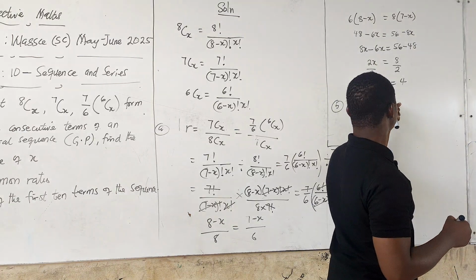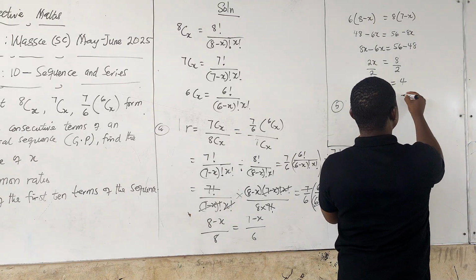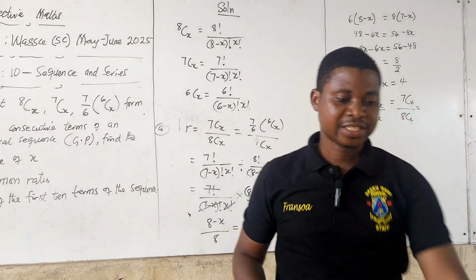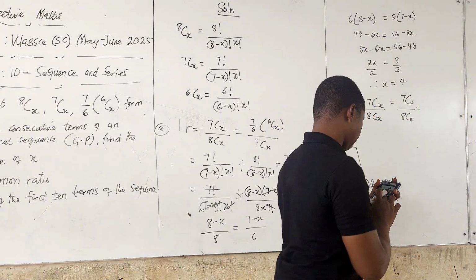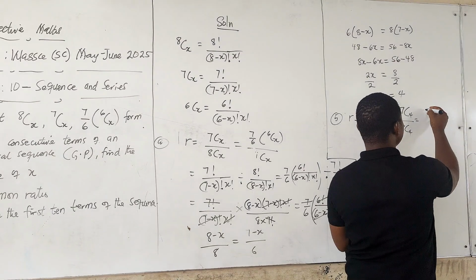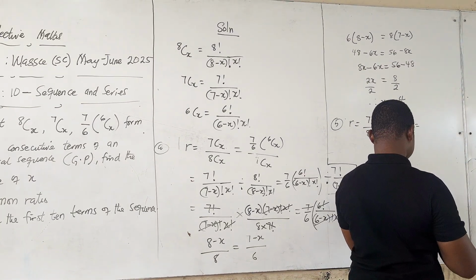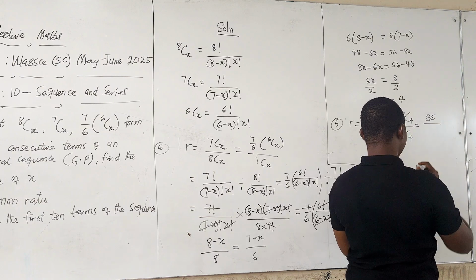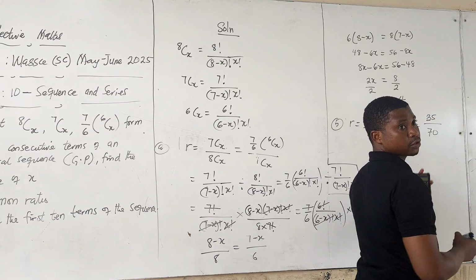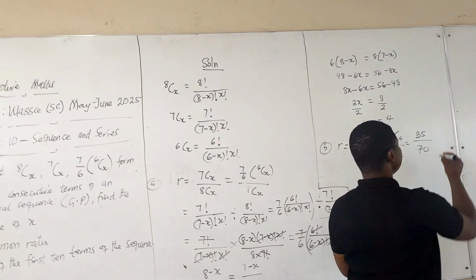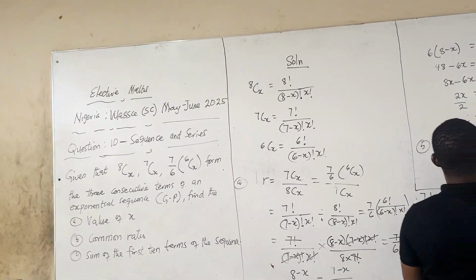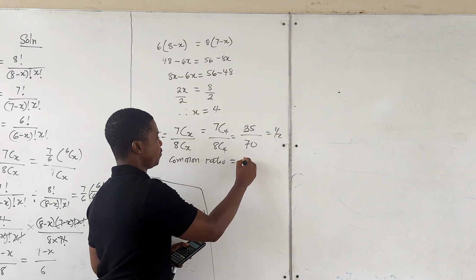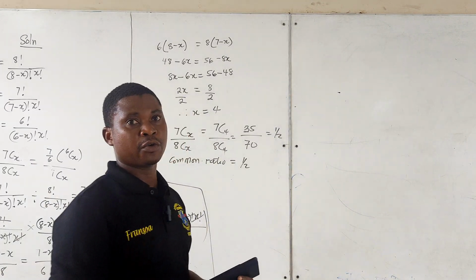But we know x to be 4, so we have 7 combination 4 over 8 combination 4. 7 combination 4 will give us 35, and 8 combination 4 will give us 70. So 35 over 70 will give us half. Therefore, our ratio is equal to half.